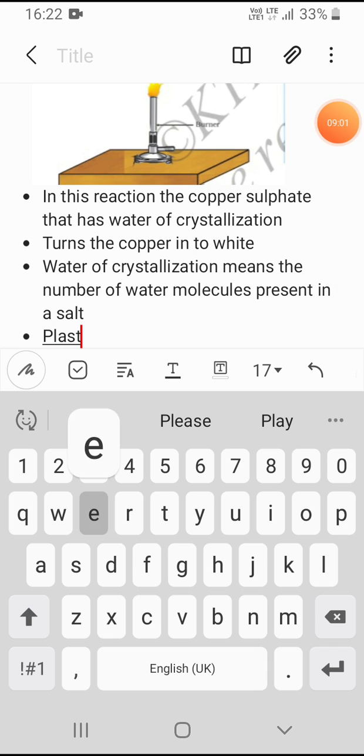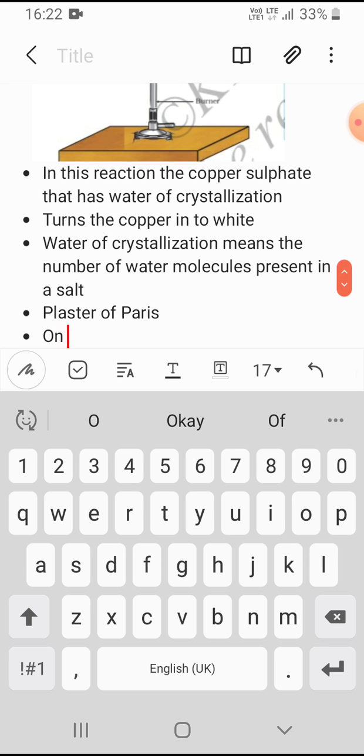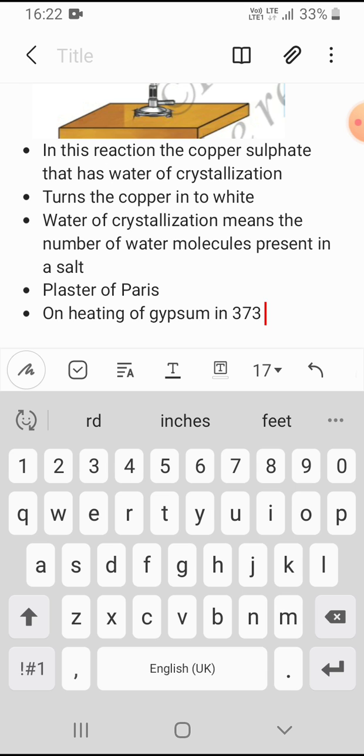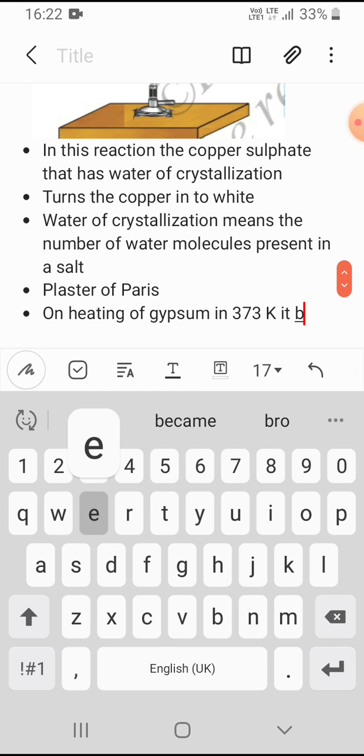Next is plaster of Paris. Plaster of Paris is obtained on heating gypsum at 373 Kelvin.